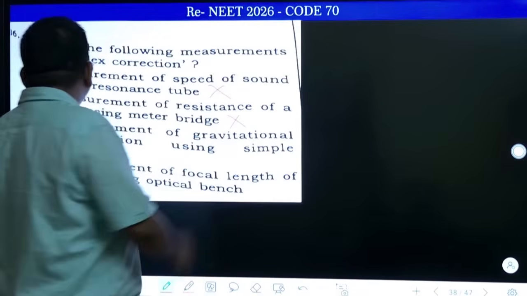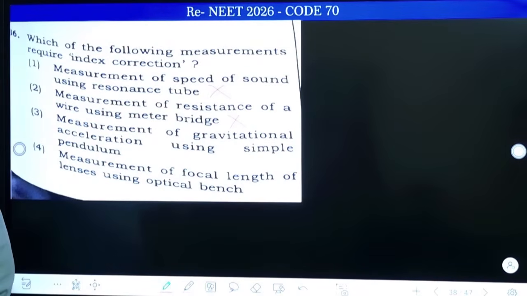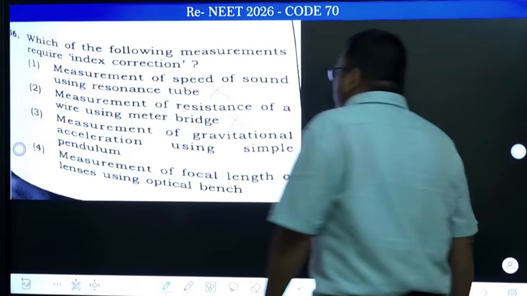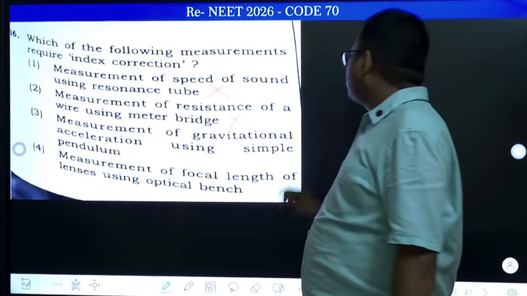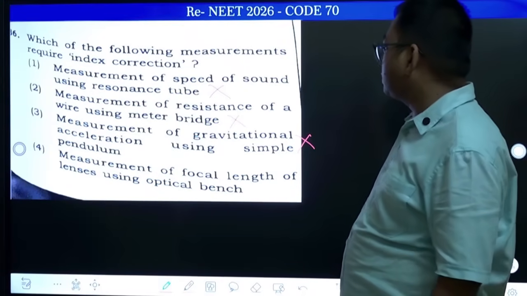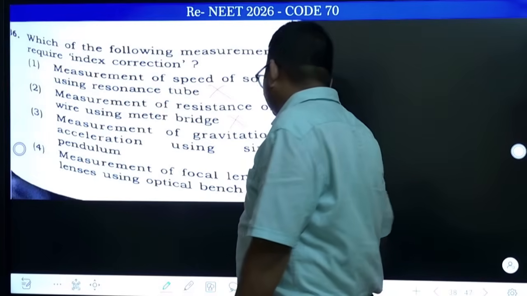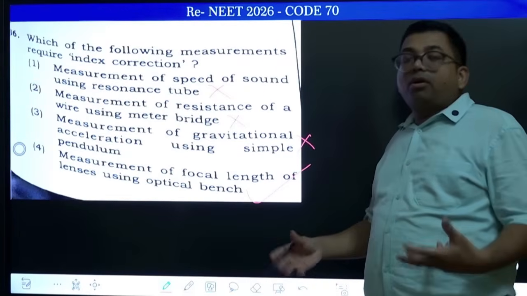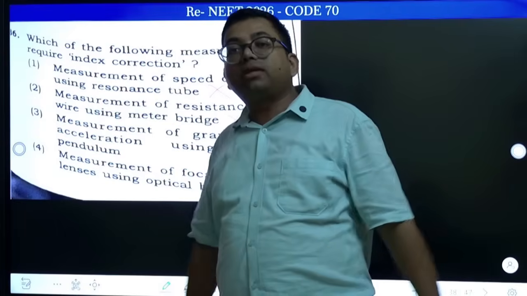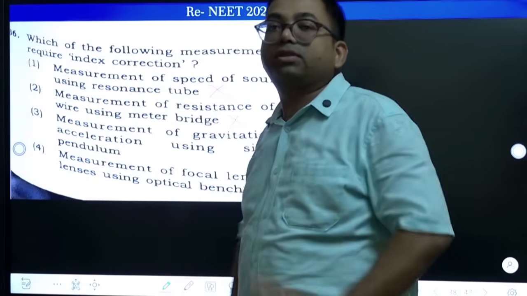That is also not correct. Measurement of gravitational acceleration using a simple pendulum: length corrections we are doing. That is also not correct. Measurement of focal length using lenses on an optical bench: maybe this one is correct. In optics, this is a related topic of practical physics. Generally they are not teaching this, but we have to cover that in practical physics, right?